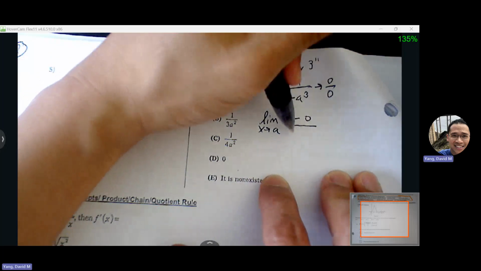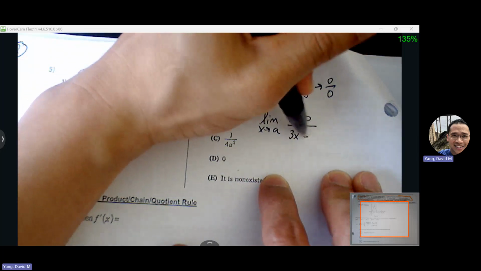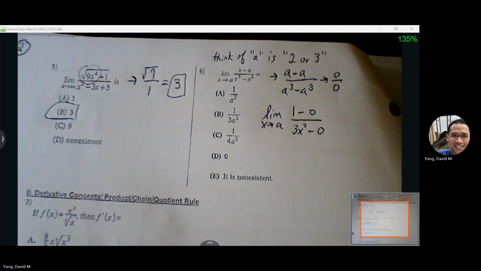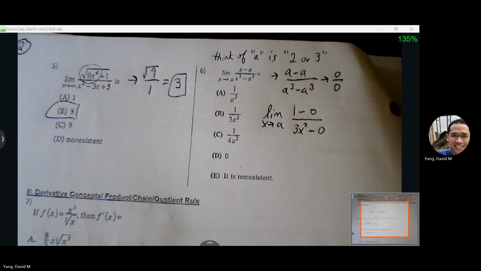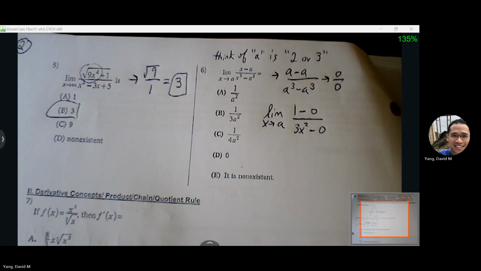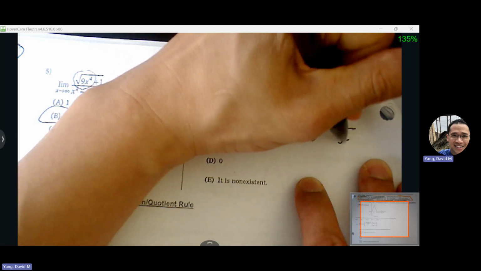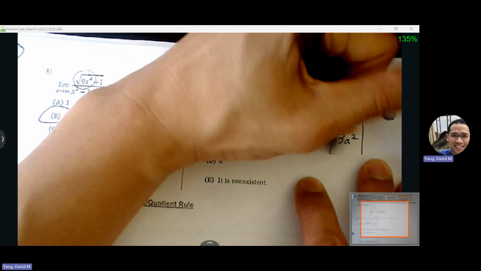X cubed minus a cubed, we get 3x squared minus 0. Plug in a in for x, we get 1 over 3a squared. And that's as far as we can go.